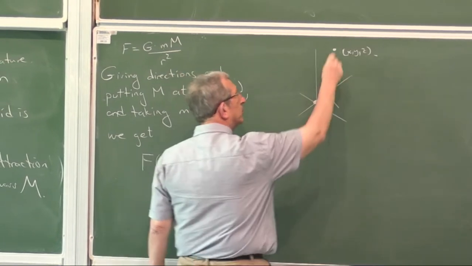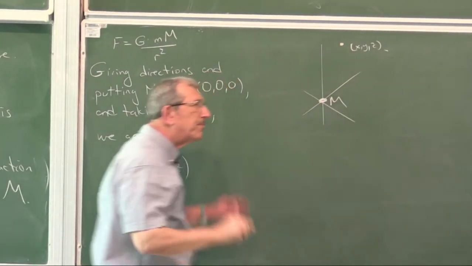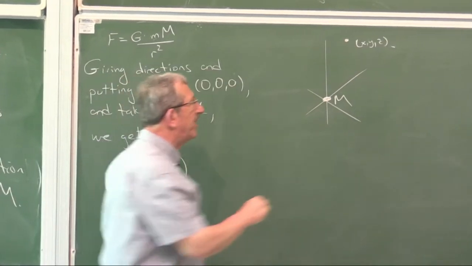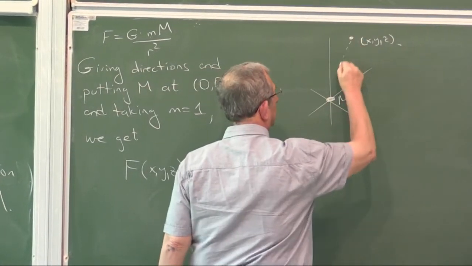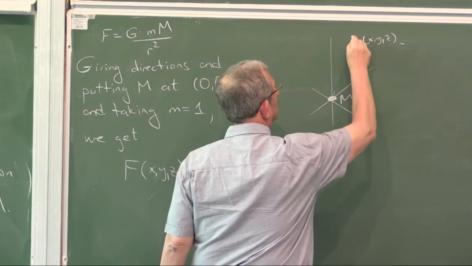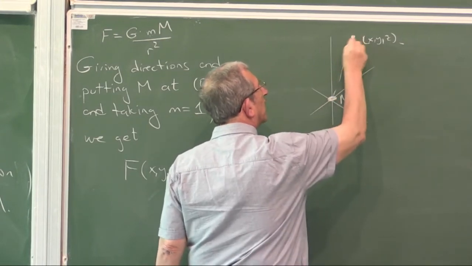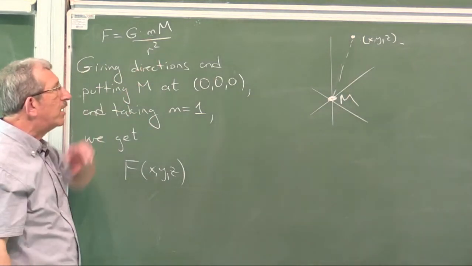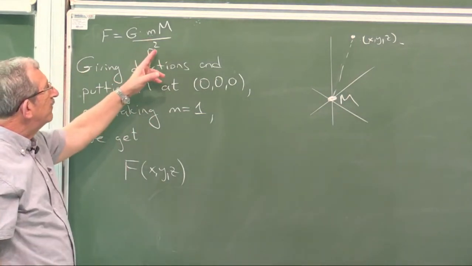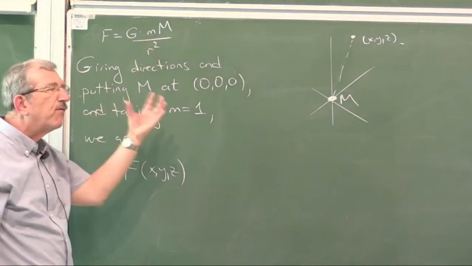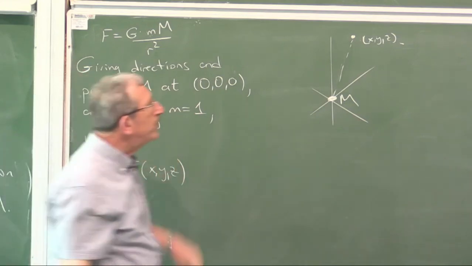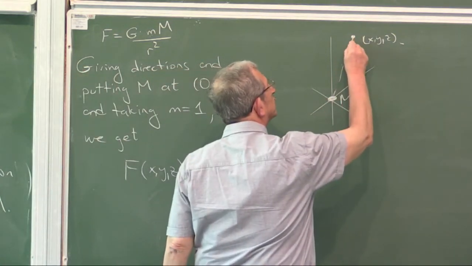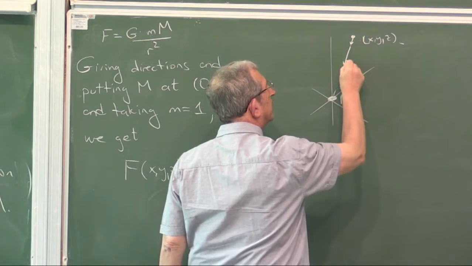And of course, if you put an m equal to 1 mass there, it will pull it towards the center. Of course, it's proportional to 1 over r squared, which means that if r is large, this force is small. So we show it by arrows which are getting bigger and bigger.